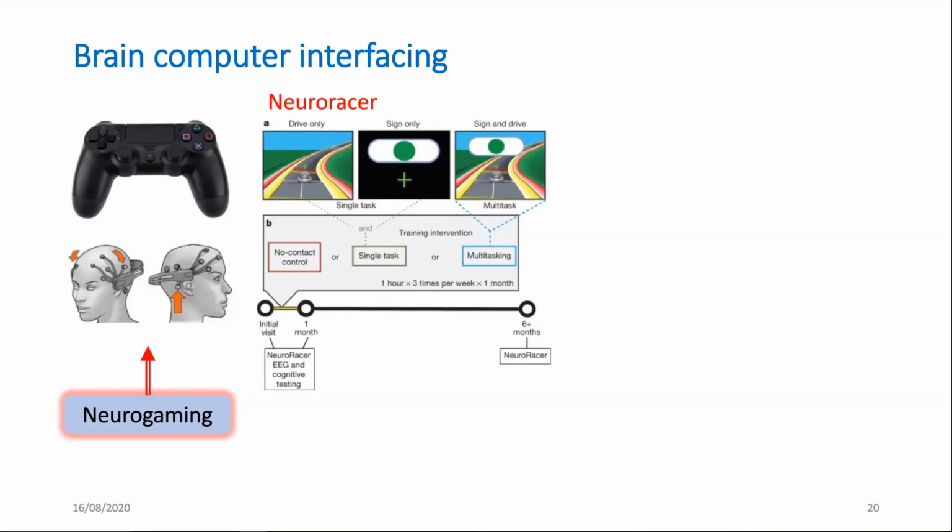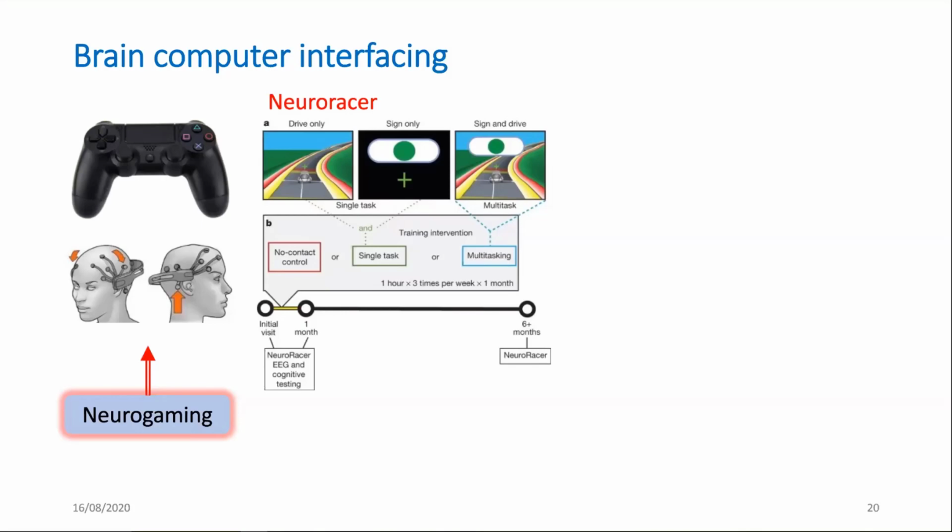The application could be something like this: a tetraplegia patient, like a patient with whole body paralysis, may attempt to drive their car just by wearing a set of electrodes on their head. That is a cool kind of stuff.